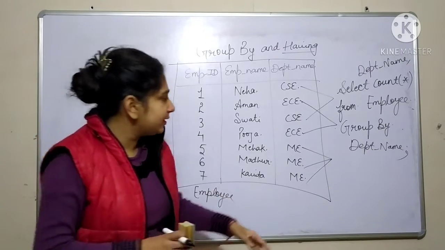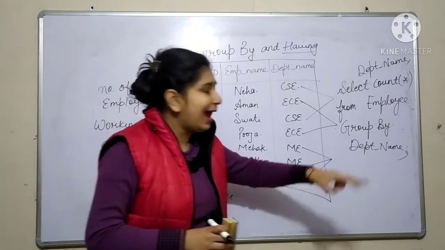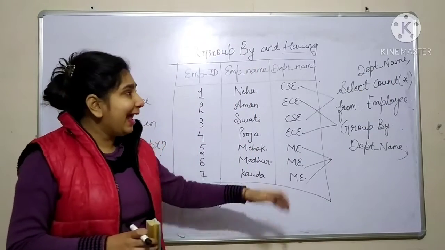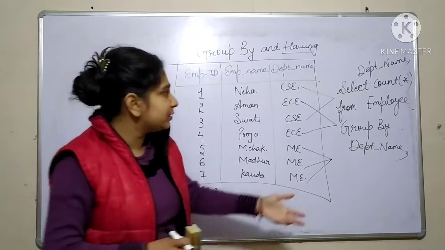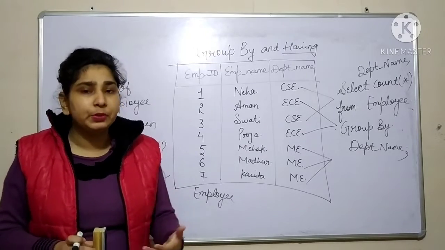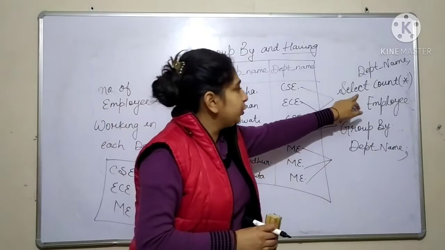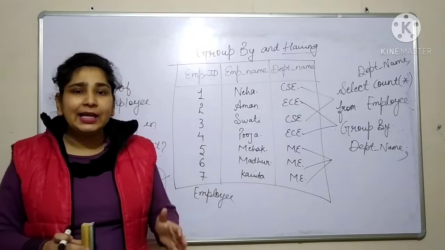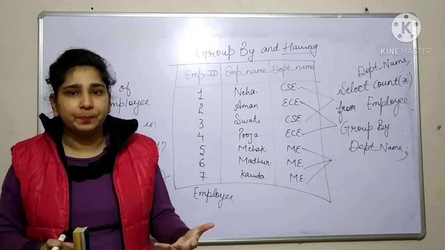Since I am using department name with GROUP BY, I can write this attribute in the SELECT query. The other operation which we will be using is aggregation. Only those attributes which we use with GROUP BY can be used in the SELECT query, and with that we can also use one of the aggregation operations.